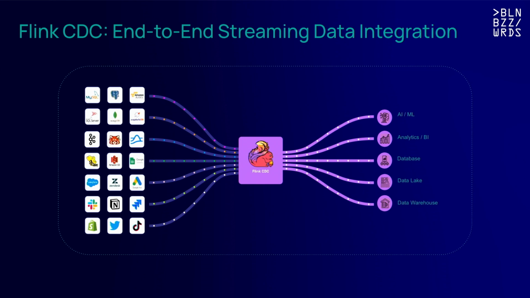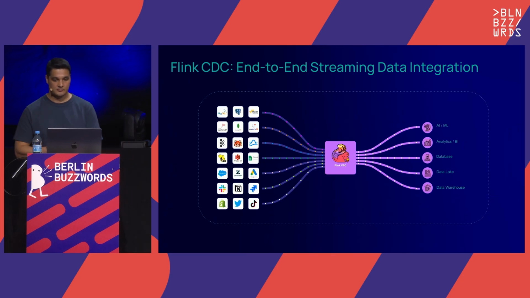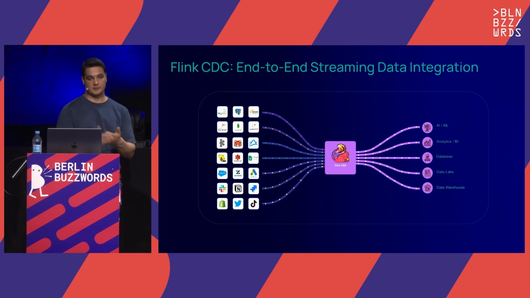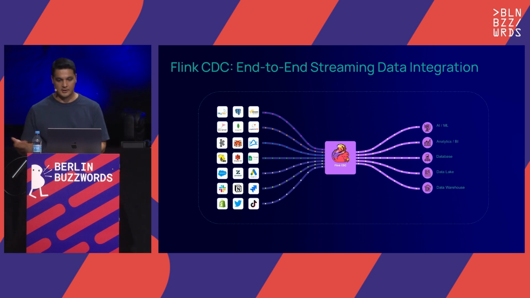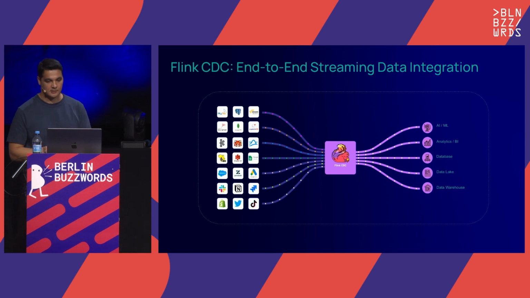And then in this version, we also introduced a new API, a YAML pipeline, with the new features of schema evolution. So for example, if the schema changes in the source, that will also be reflected in your whole pipeline and also the end systems. Support for capturing new table additions was also added in this version.